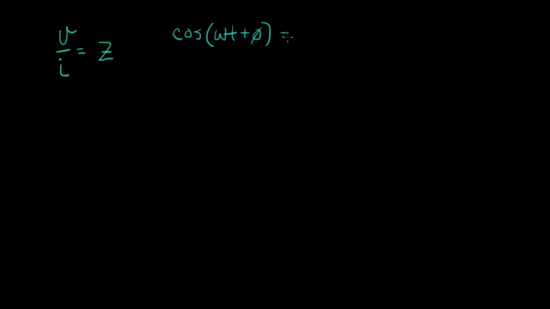And we're also going to use Euler's equation, which says that we can decompose our cosine into two complex exponentials. So one of the complex exponentials is e to the plus j omega t plus phi, and the j multiplies both of them, plus e to the minus j omega t plus phi.